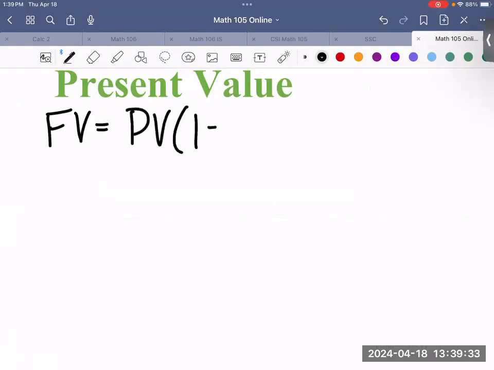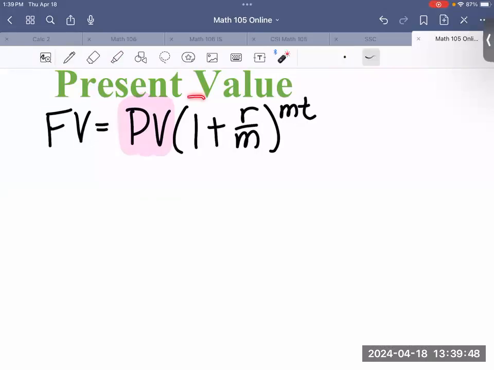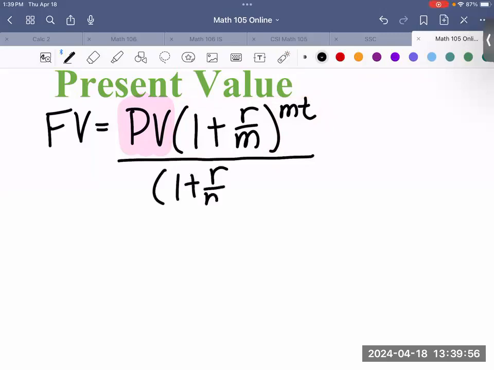Right now, we only have this equation to go off of, which we need your present value, right? So again, just like last time, as long as this whole thing here is being multiplied and it's all in parentheses, we can then divide it out, placing it to the other side of your equal sign.